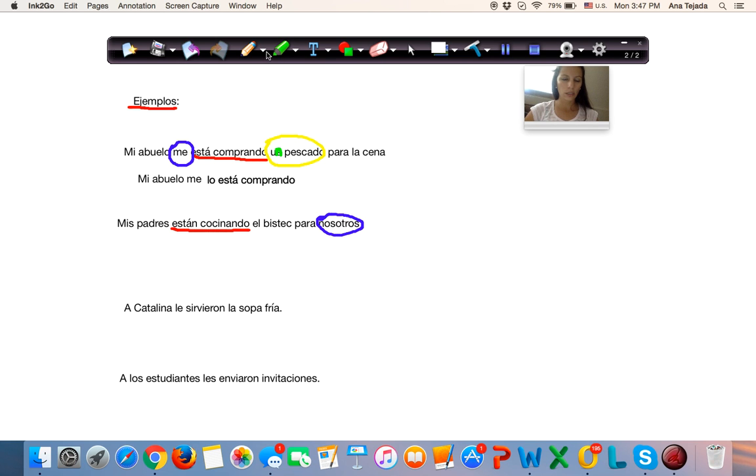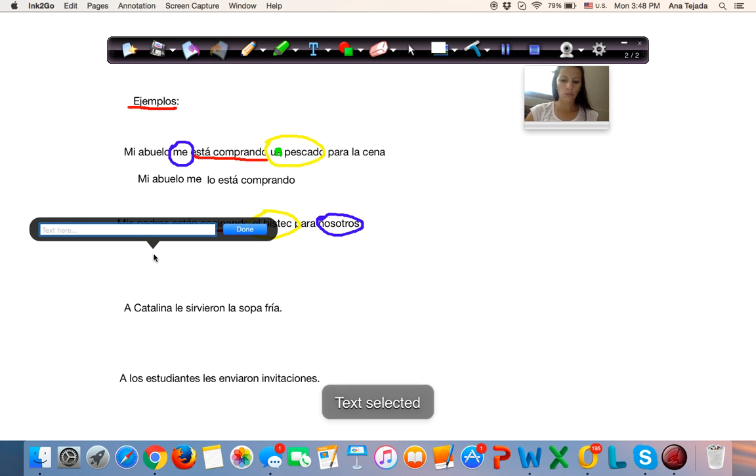Muy bien. And now we have to identify what is being affected by the action. What is being cooked? El bistec, right? We're cooking the steak. Which leaves us with mis padres. Indirect before direct. So what's our indirect?